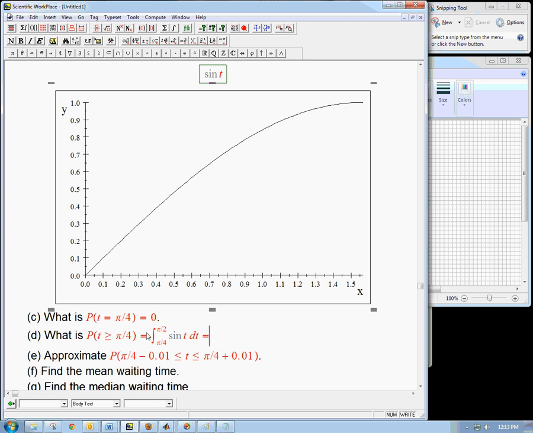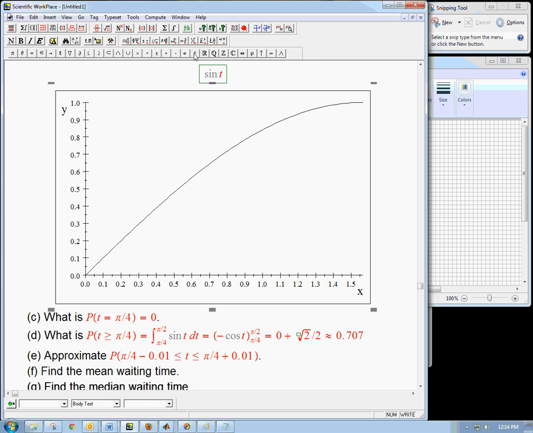It just turns out to be again minus cosine t from pi over 4 to pi over 2, and so that's going to be 0 and then minus a minus, so plus cosine of pi over 4, root 2 over 2. Okay, which is about 0.707.